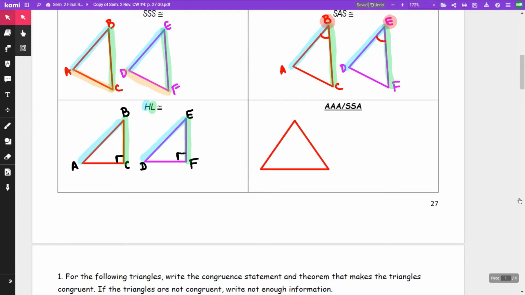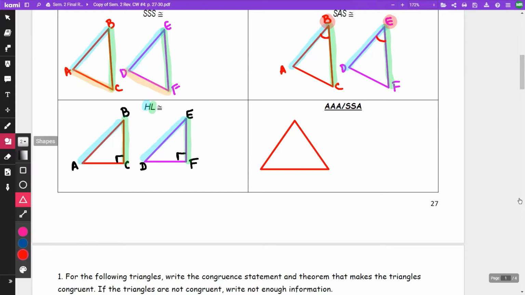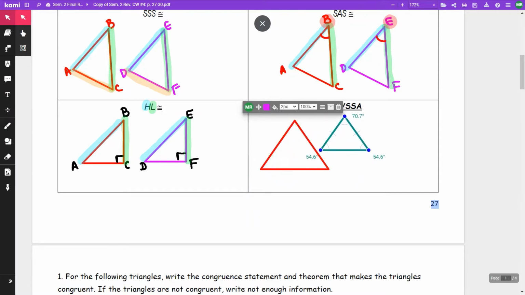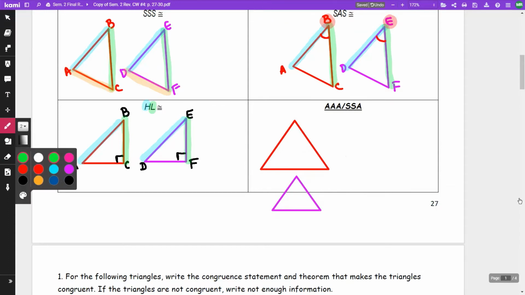And let's say I get another triangle. Let me change the color. So those are going to actually have the same angles if I move this. They're going to have the same angles. Okay, so this would be angle, angle, angle. But these triangles are not congruent.